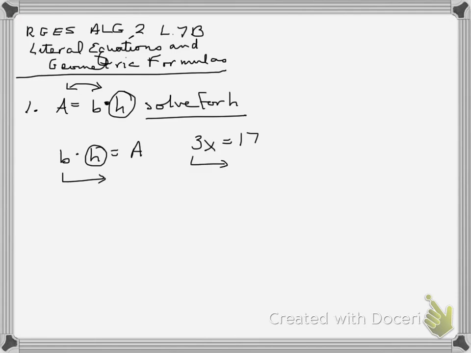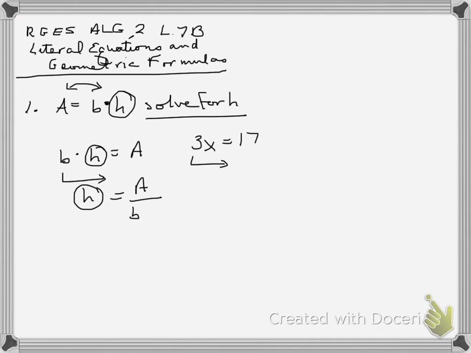So that's exactly what I've got here, except now I've got it looking like another variable rather than a number. But I will divide both sides by B, because right now I'm multiplying by B. So I'm going to be left with H, and I always like to keep it circled, equals A divided by B. And that's how you solve a literal equation.